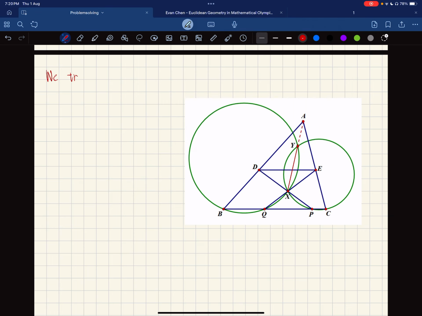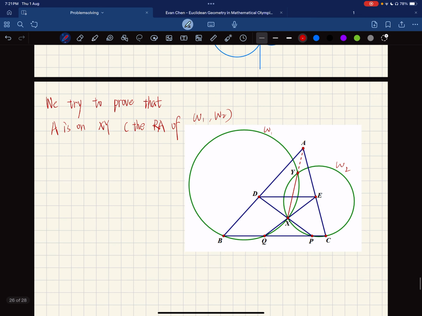We try to prove that A is on XY, and XY is the radical axis of omega 1 and omega 2. If we want to prove that A is on the radical axis, we have to prove that the power of A to omega 1 equals the power of A to omega 2, right?